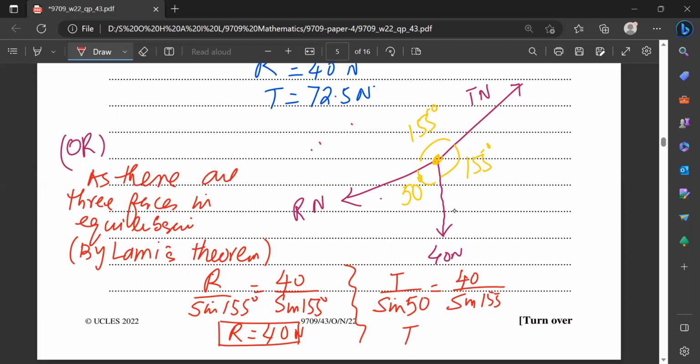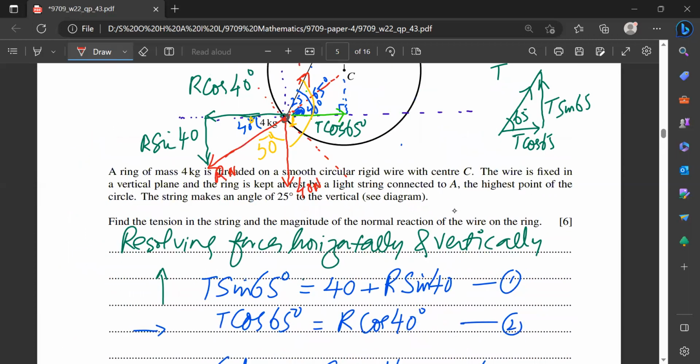So T, when you calculate 40 over sine of 155 multiplied by sine of 50, is equal to 72.5 newtons. So you can also find the answer by using Lamé's theorem, because there are three forces acting on the ring, and the ring is in equilibrium. So in this way, you can solve this question.